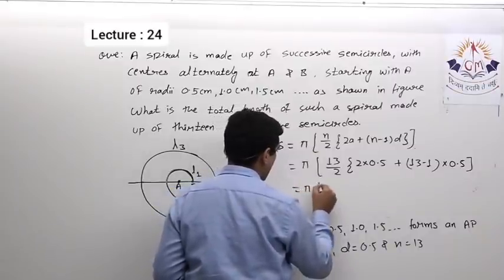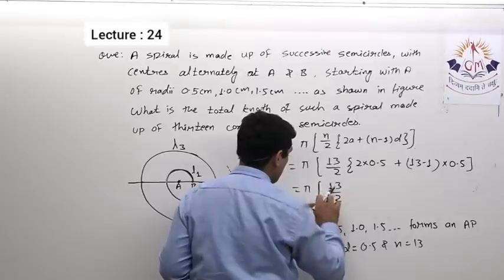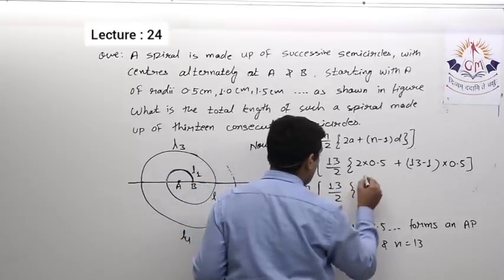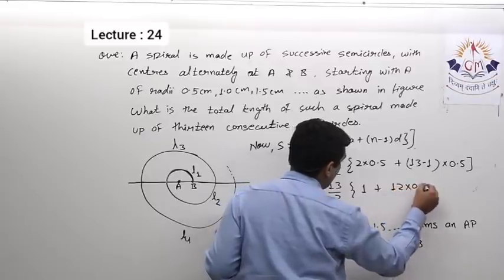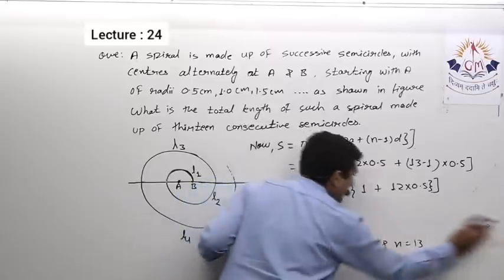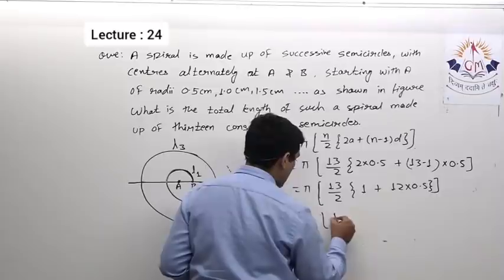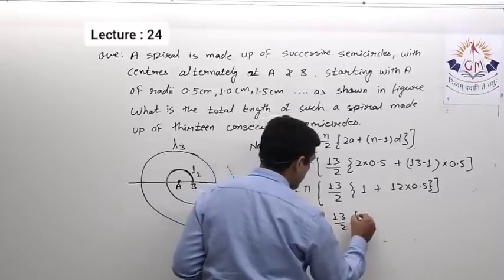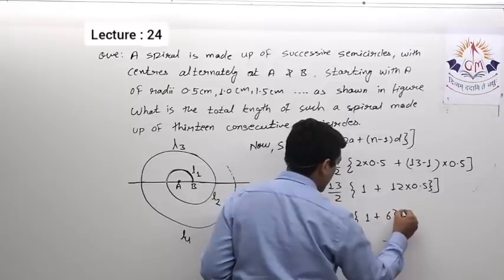So pi times 13 by 2, 1 plus 12 into 0.5. Finally my answer is pi times 13 by 2 times 1 plus 6.